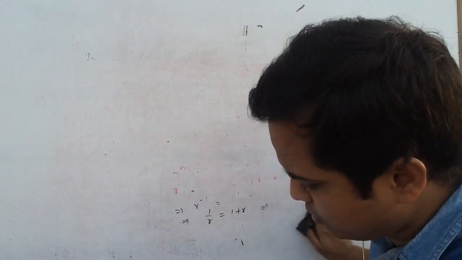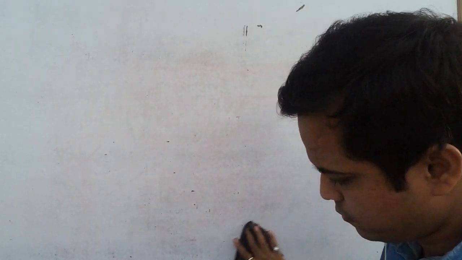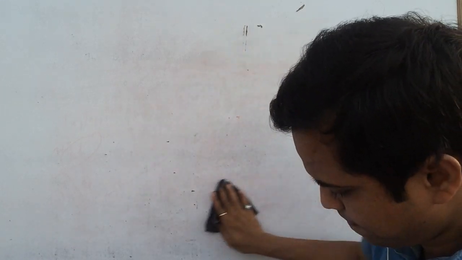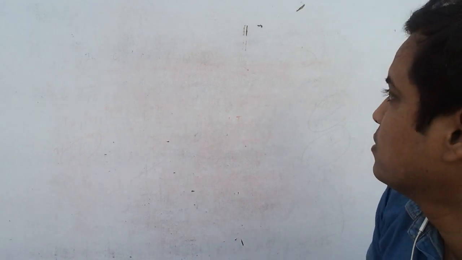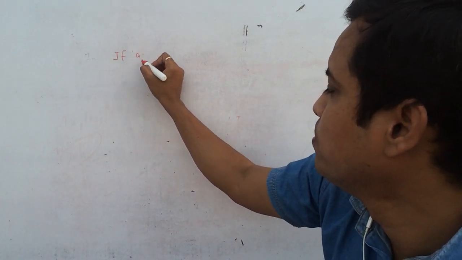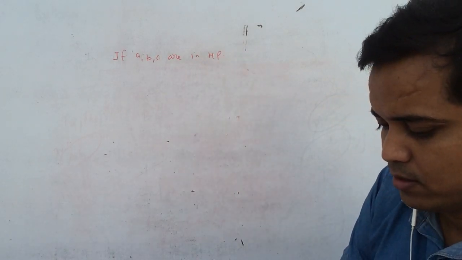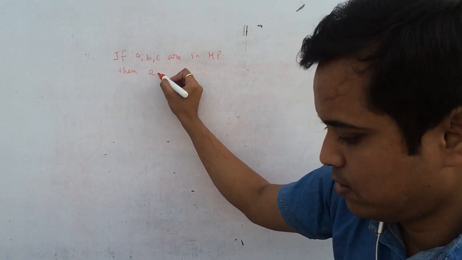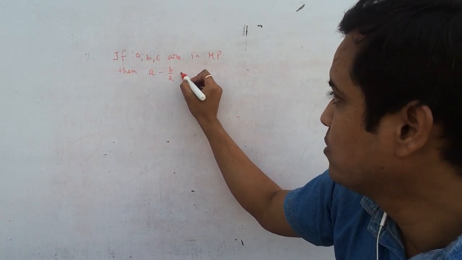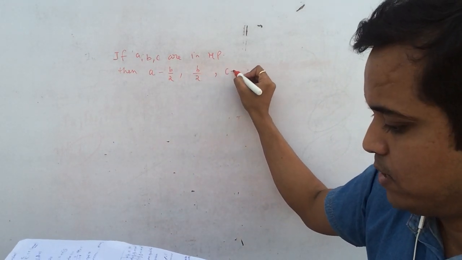Now we are heading to questions related to geometric progression, yes or not? First two questions I have. If A, B, C are in HP, then you need to check A minus B by 2, B by 2, comma C minus B by 2.